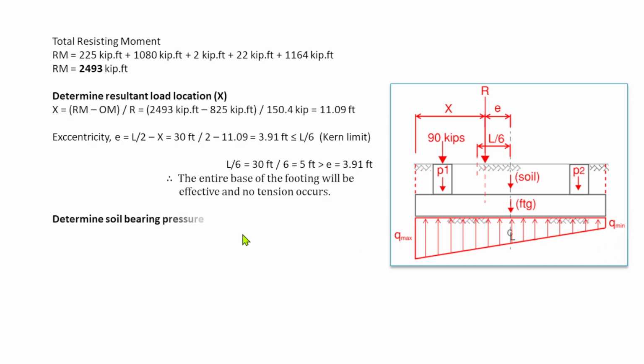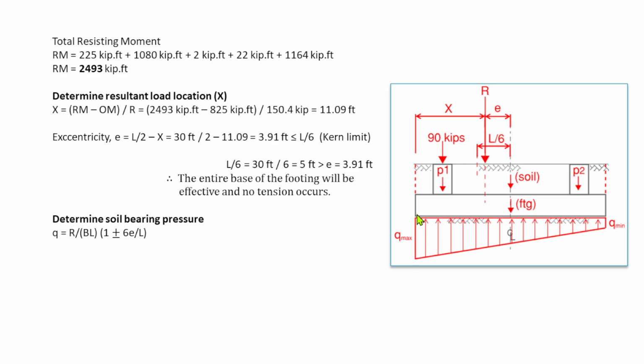Now the next one is to determine the soil bearing pressure. So we have this formula, R load over BL, the dimension of the footing, times 1 plus or minus 6e over L. Take note, this equation is only valid if our footing is rectangular in shape, regular size, rectangular.